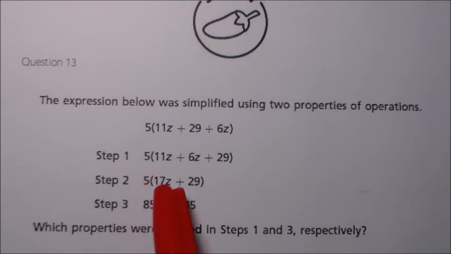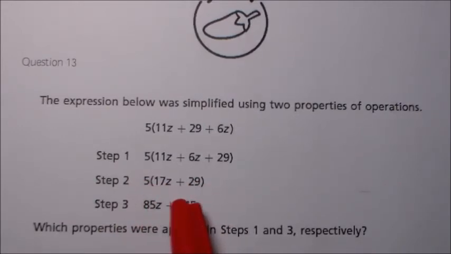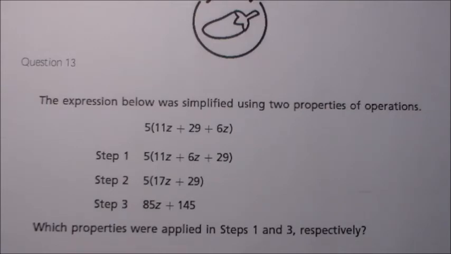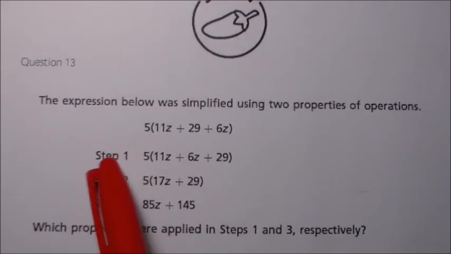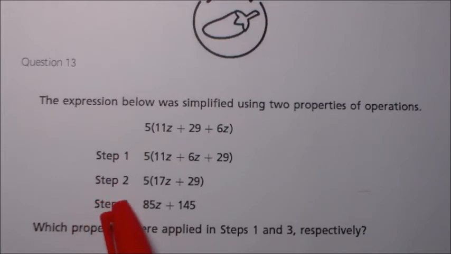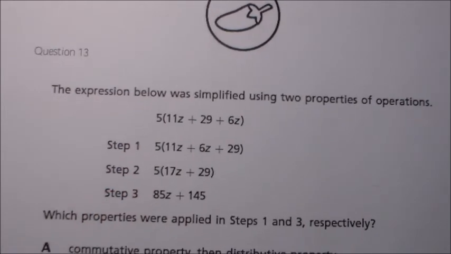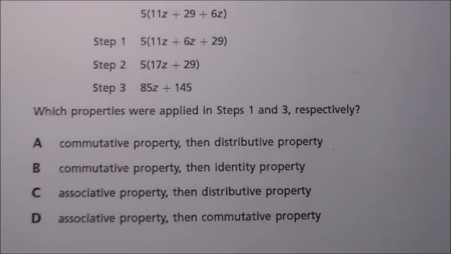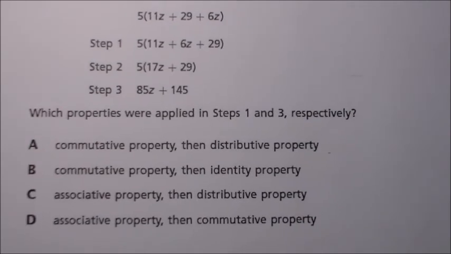And step 3, they multiplied 5 times 17z and 5 times 29 to get 85z plus 145. So the question is, which properties were applied in steps 1 and 3, respectively? What moves did they make to get the correct answer in steps 1 and 3?